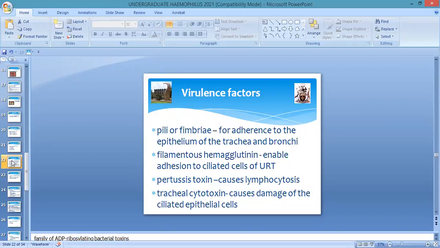And when you have damage of the cilia, or that profound disruption of the mucociliary clearance, because we know cilia is supposed to clear any unwanted agents within the respiratory tract, it only leaves coughing as the only way to clear the debris from the airway. And that's why you have that uncontrolled coughing, what you call the whooping cough.